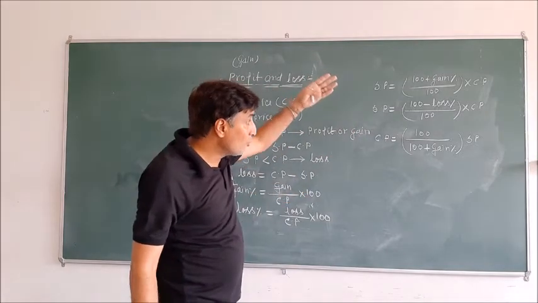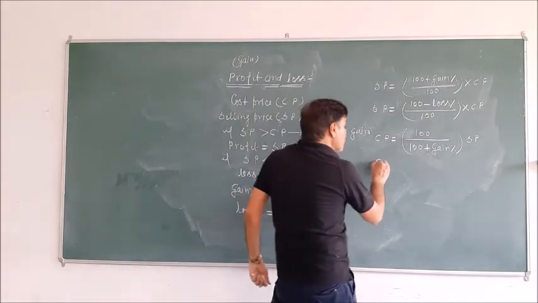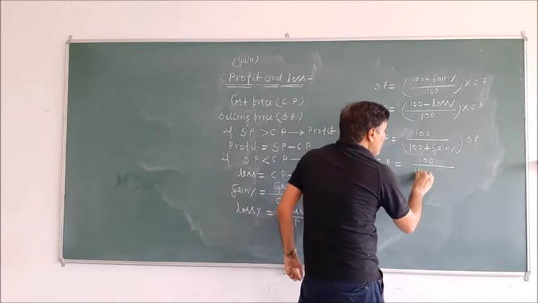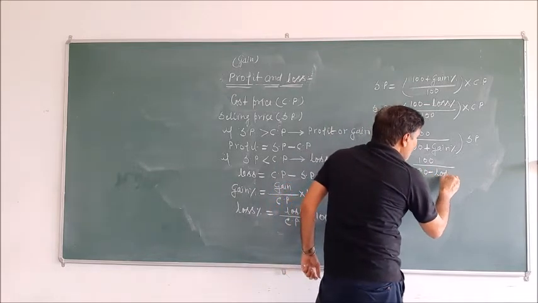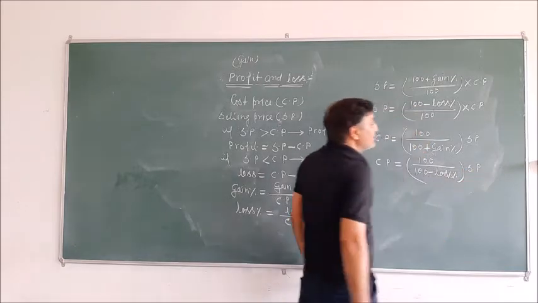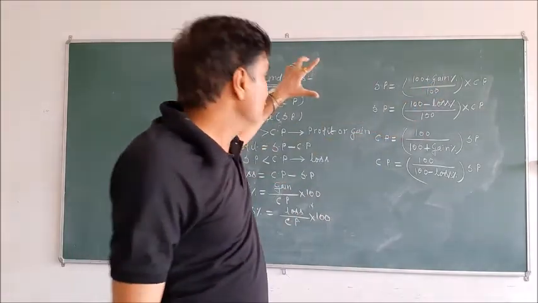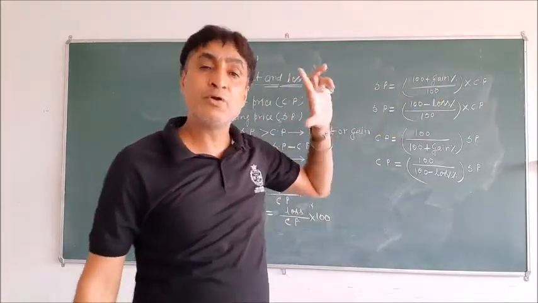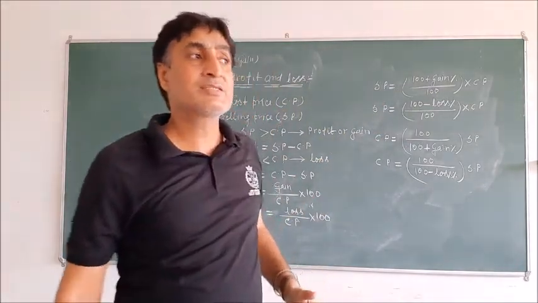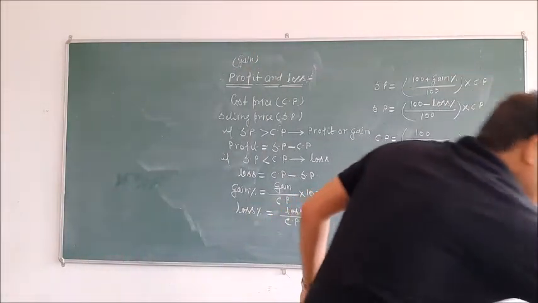Similarly, if loss percent and selling price are given, cost price equals 100 upon (100 minus loss percent), multiplied by selling price. These are a few formulas we use in solving problems based on profit and loss. Now, students, let me help you understand with a few examples.